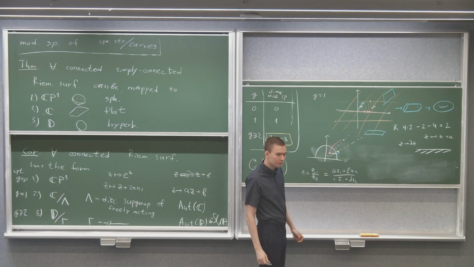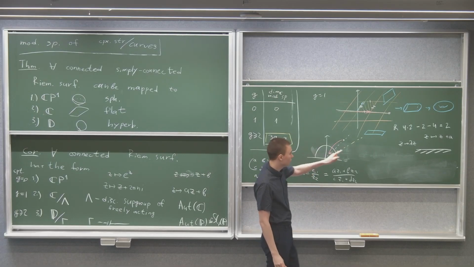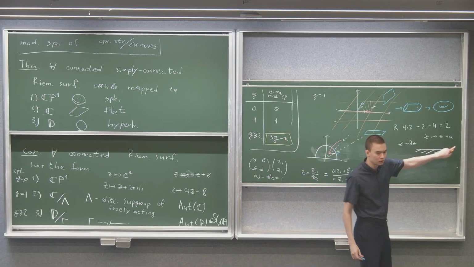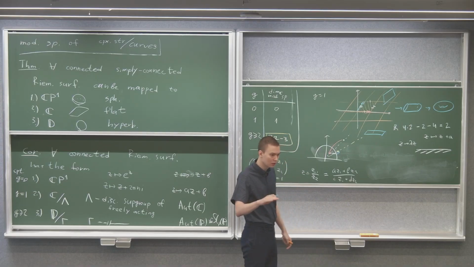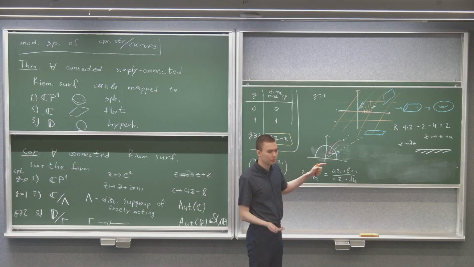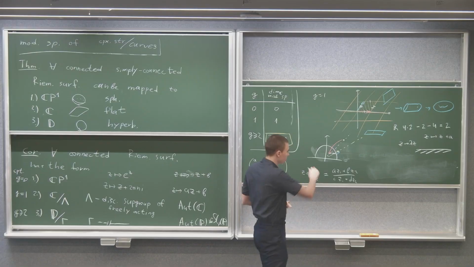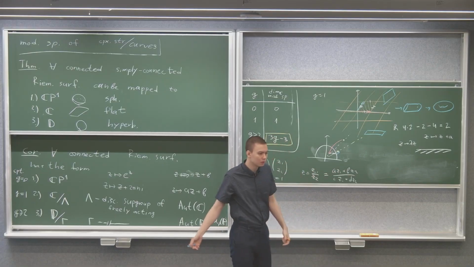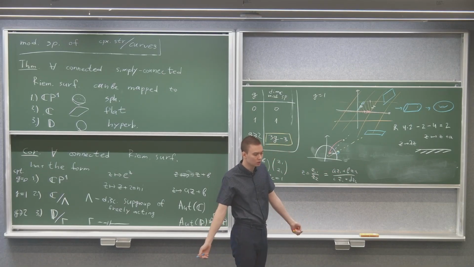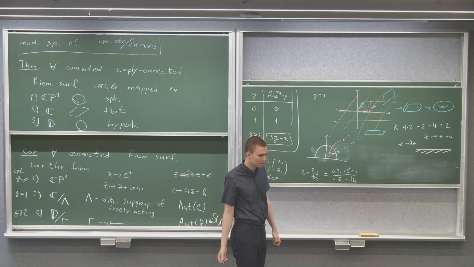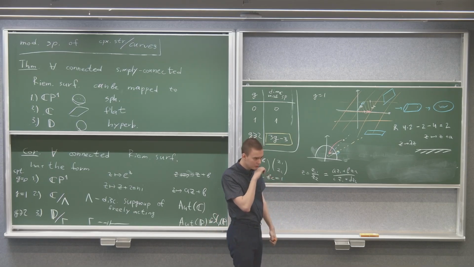Like if this shift vector is parallel to this, because here the shifts, here A is real. The shifts are always horizontal. That's why the only ray that is parallel to the shift is the one that coincides with the real axis, but it's excluded. We don't have such ones. Does this answer your question?